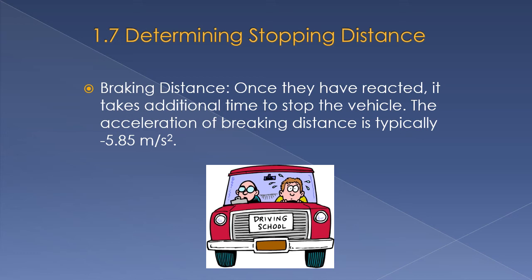Obviously, a semi-truck and a train would have different decelerations, but on average, we're going to use this number for our cars to decelerate at. And so this is our braking distance. Once you're going 100 kilometers on Deerfoot, well, you're still going to travel some distance as you slam on the brakes. And chances are, let's use this average number of negative 5.85 as our deceleration.